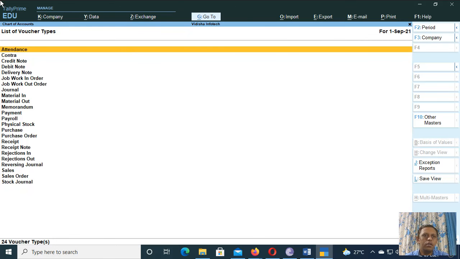So some of the voucher names are attendance, then contra, credit note, debit note, delivery note, job work in order, job work out order, journal, materials in, materials out, memorandum, payment, payroll, physical stock, purchase, purchase order, receipt, receipt note, rejection note, rejection in, rejection out.